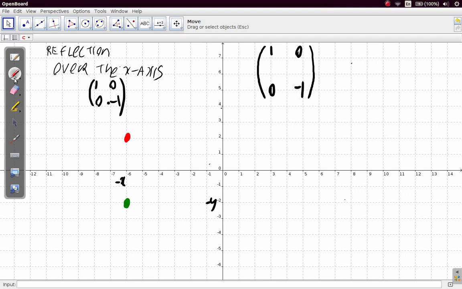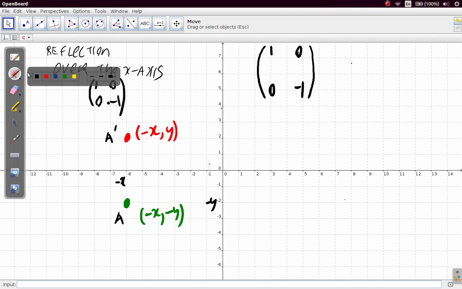All right. So what we have is A here reflected to become A prime. The green point reflected over the x-axis to become the red point. The coordinates of the green point here would be negative X, negative Y. And the coordinates of the red point here would be negative X, positive Y. You can see that from the drawing.